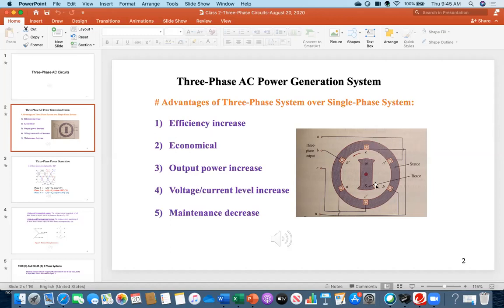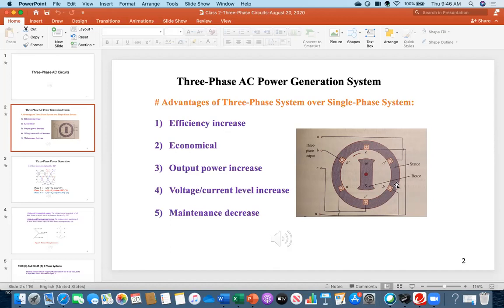Here, because this magnetic field is moving, we are taking the benefit of having three sets of coil so that simultaneously, with a 120 degree phase shift, voltage or power can be built up. So we are getting more output with one input. That's why the efficiency increases.